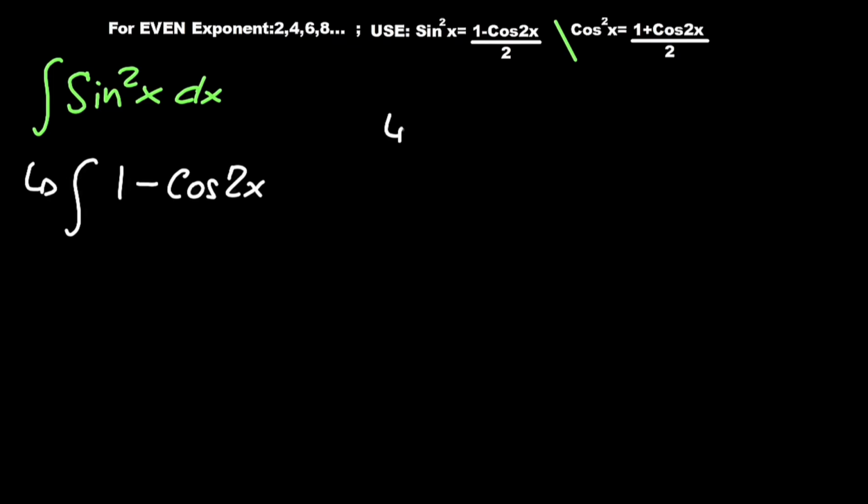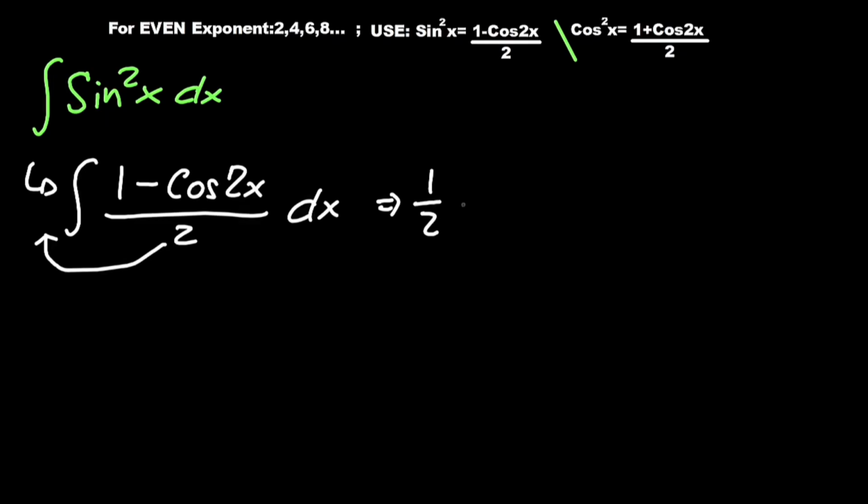Just in case you are dealing with something like sin² 2x, this would be equal to 1 minus cosine 4x, because it is twice the value of x, over 2 of dx. So, we can put 2 outside the integral. So, this would be 1/2 the integral of 1 minus cosine 2x dx.